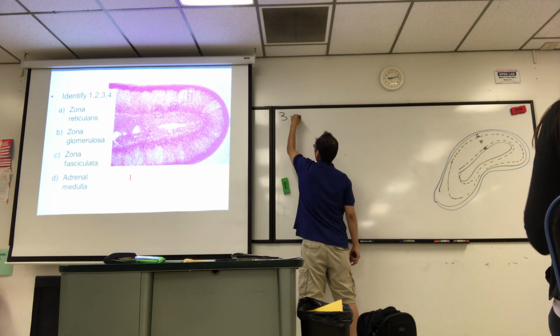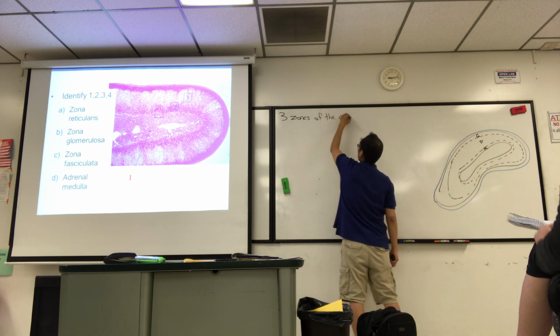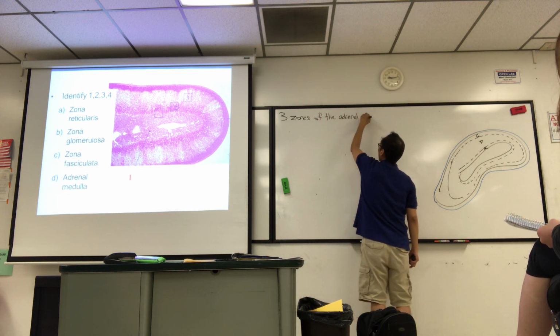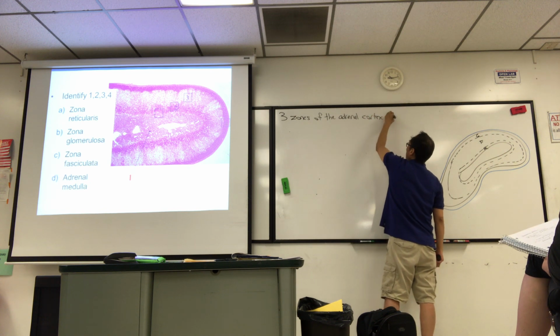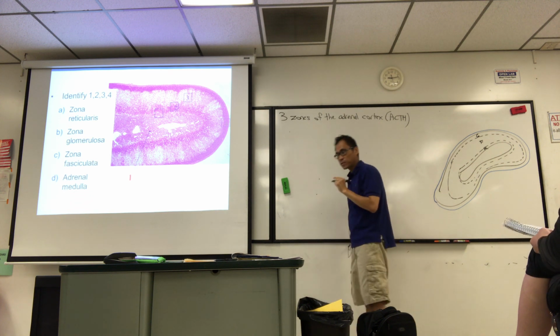Three zones of the adrenal cortex. This is what the ACTH will stimulate. Now that outermost zone, G, stands for Zona Glomerulosa.